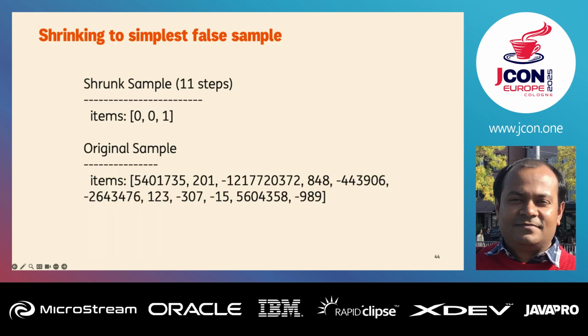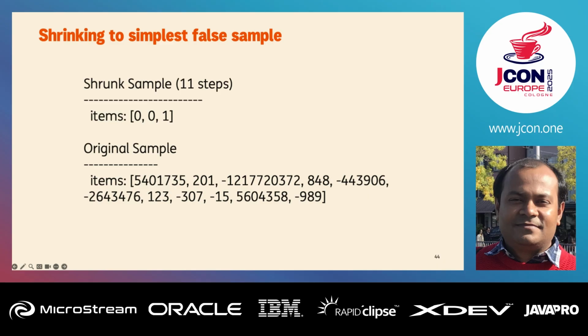And this is an output where it tells me the shrunk sample is 0, 0, 1 after 11 steps, and the original sample is this much. That tells you it tried many repetitions, 1,000 repetitions, let's say, with different varieties of list sizes, but it then shrunk towards this one input that was enough to fail the test.